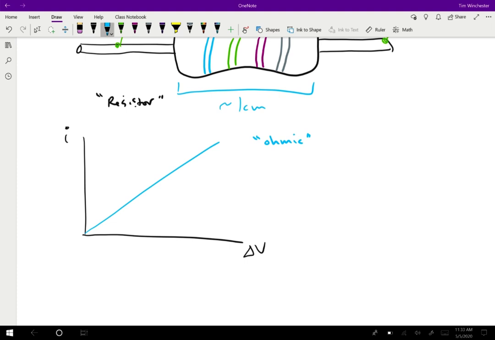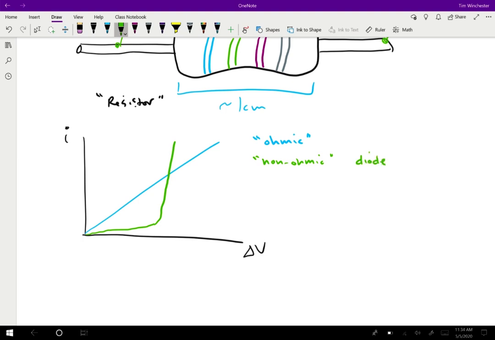All right, not all materials have that property though. So some materials, if I attach them like that and I increase the delta V, I get almost no increase in the current until some special point, and then it increases very rapidly. Okay, so if there's a behavior like this, then we say that's non-ohmic. And one example that would be similar to what I just drew is a diode.